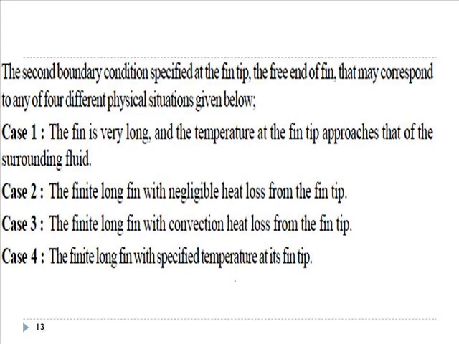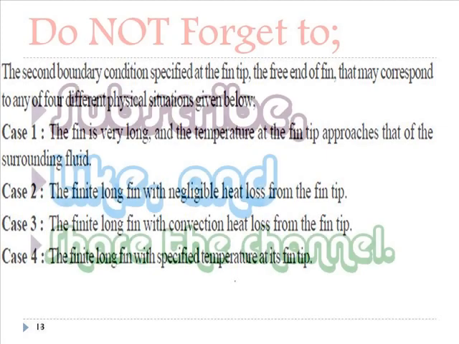So these are 4 different cases for a rectangular fin for which the second boundary condition is available, and when both boundary conditions are available, we can solve this equation and find out how much heat is transferred from the fin to the surroundings, plus the temperature variation in those particular cases. This is about cases 1, 2, 3, 4 and the most general equation for extended surfaces.